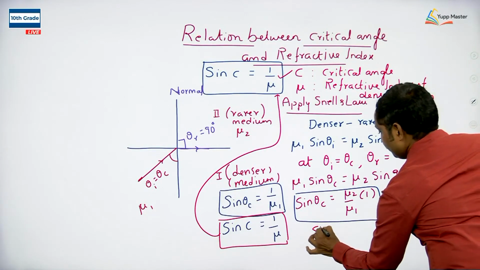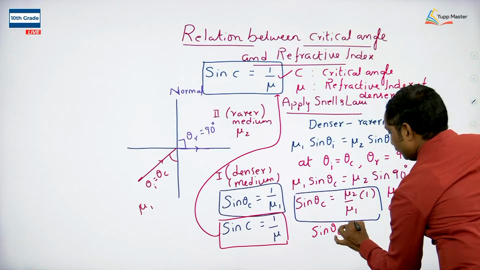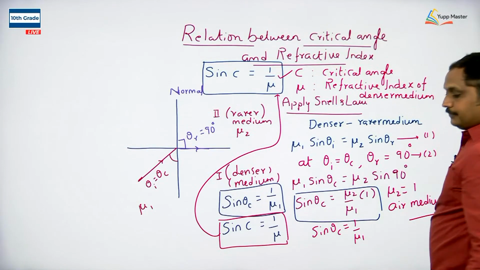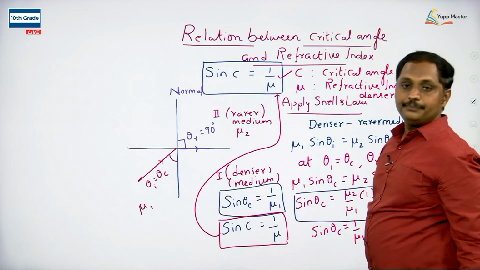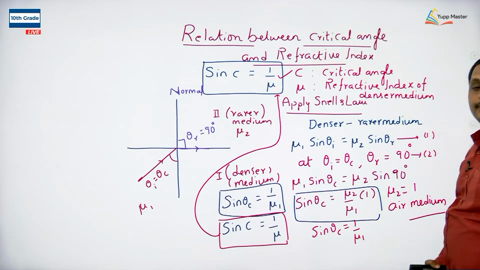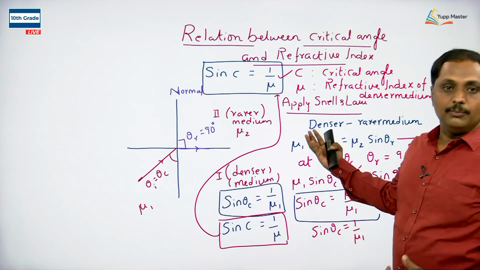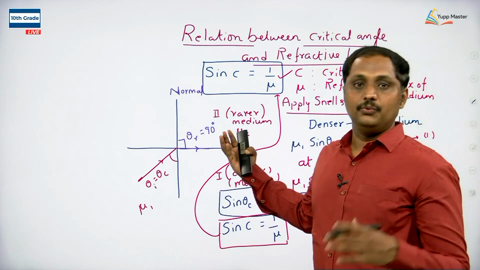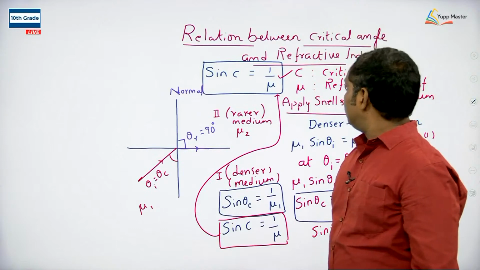So, sin theta c is equal to 1 by mu 1. It has been generalized in that form. If you want, you can take a screenshot also, it is useful for you. In problem solving, you might have this application.